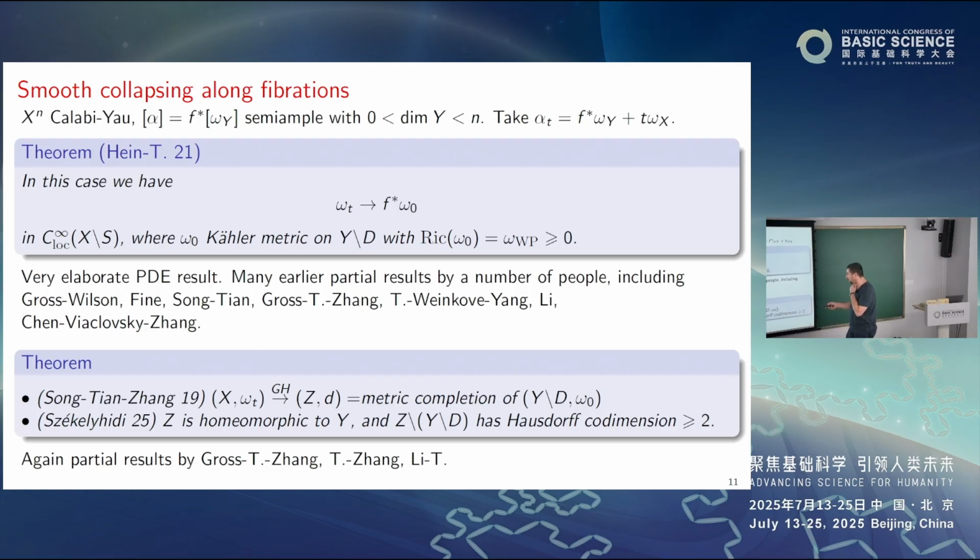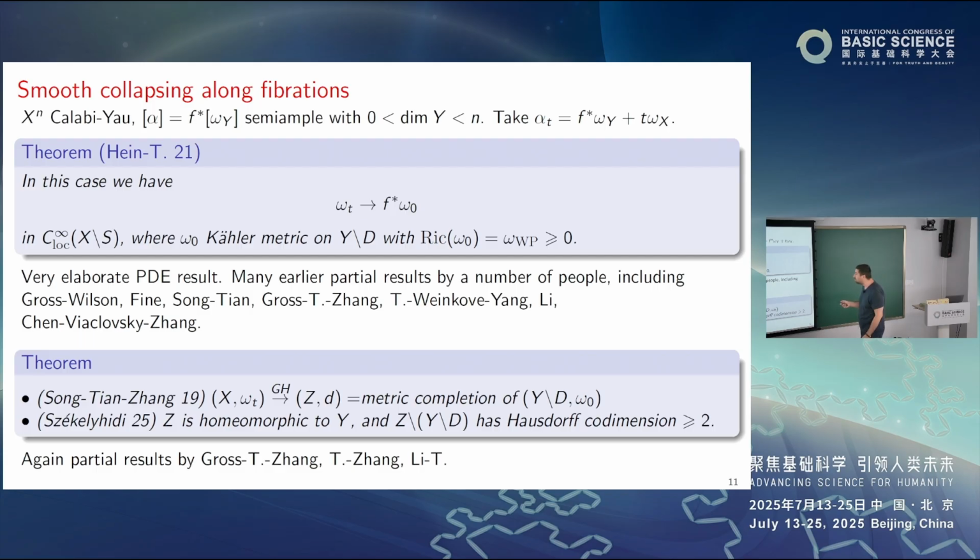You don't need to understand too precisely near singular fibers. So Gabor Székelyhidi then proved a few months ago that this Gromov-Hausdorff limit is homeomorphic to the base, and also that whatever you need to add to this completion has real Hausdorff codimension at least 2, which is sharp. And again, this was known in the hyperkähler case, for example, by our previous work.